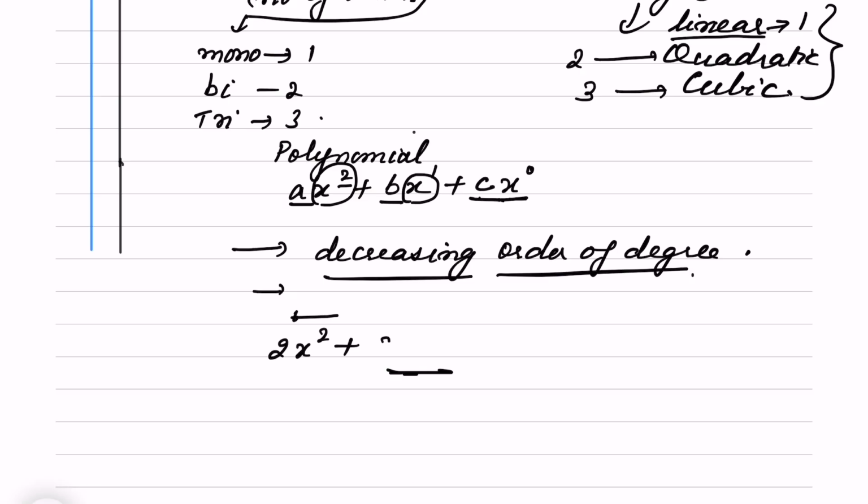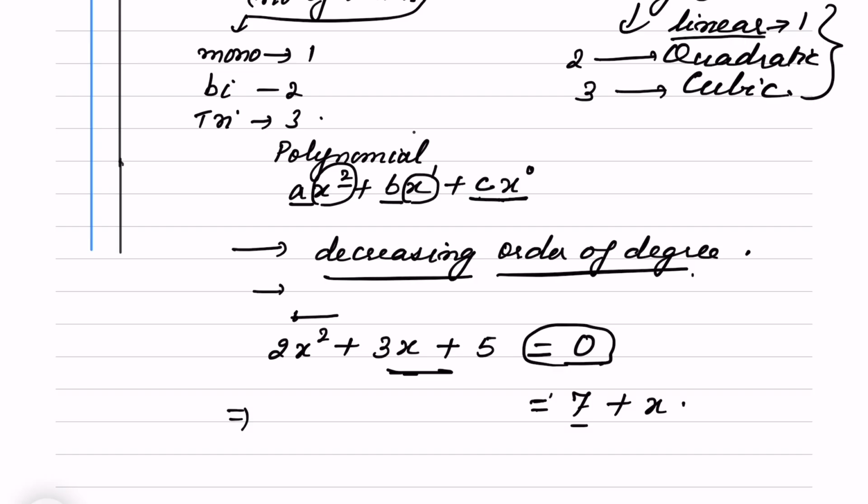We go ahead. If I write any polynomial and equate it to 0, it is not necessary that we equate it to 0. I can write any number also, either 0 or 7 or 7 plus x, like this.